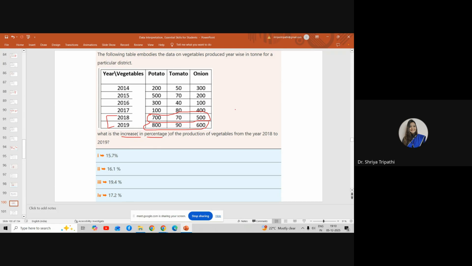Have I understood the question, or shall I explain the question first? In case you haven't, please let me know. I'll explain. No worries. 17.2%. Okay.